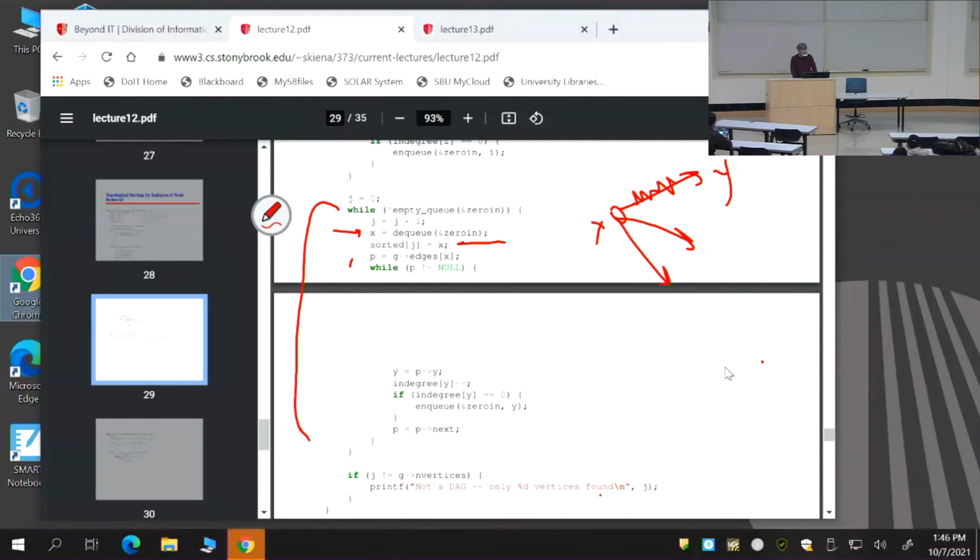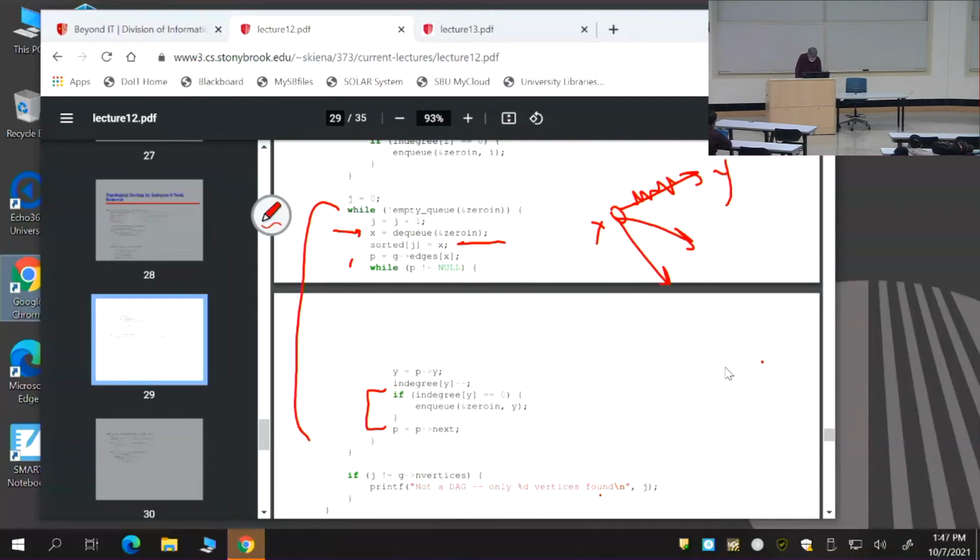The in-degree goes down by 1. That's exactly right. So for each edge, I'm going to decrement its degree, and if the degree is equal to 0, now it's a potential next vertex, and I'm going to stick it on the Q.